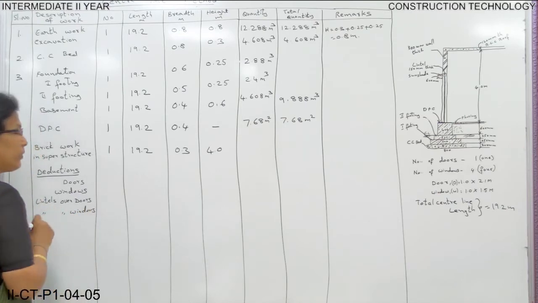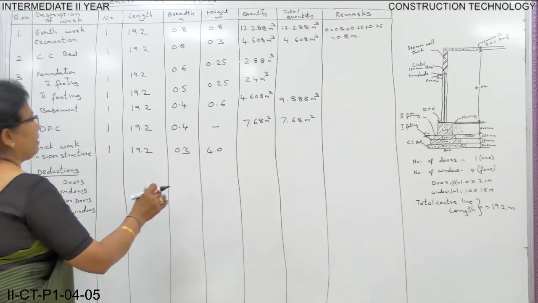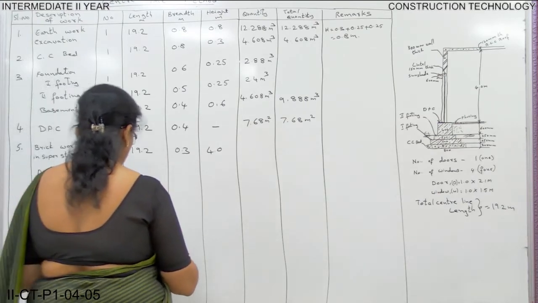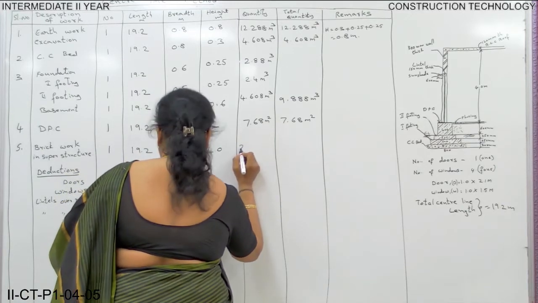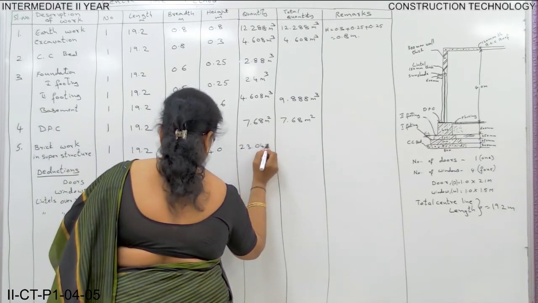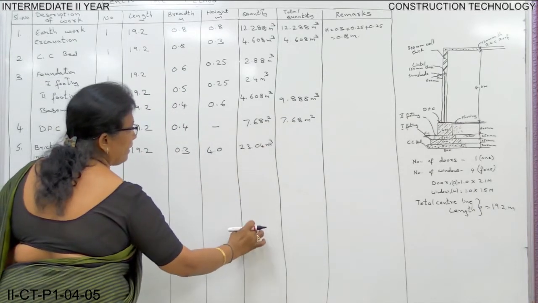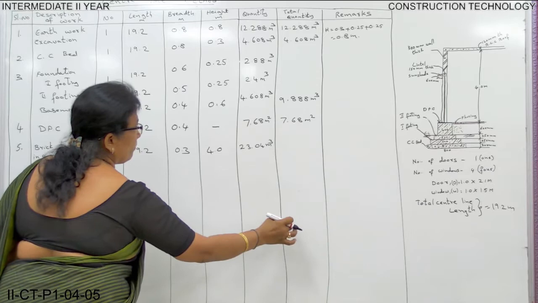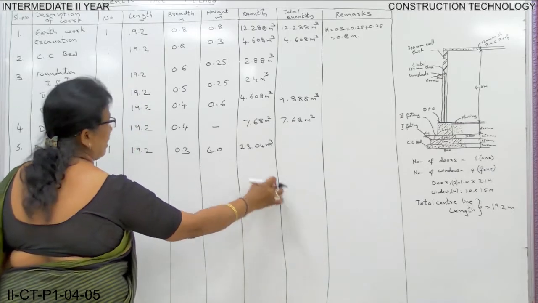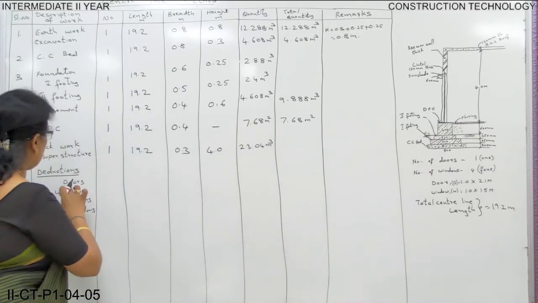For all these, we have to do deduction. Whatever quantity is there, you have to write here, that is 23.04 cubic meter. From that, you have to calculate this and deduct that value from the total value and write in the total point. Now, let us see.